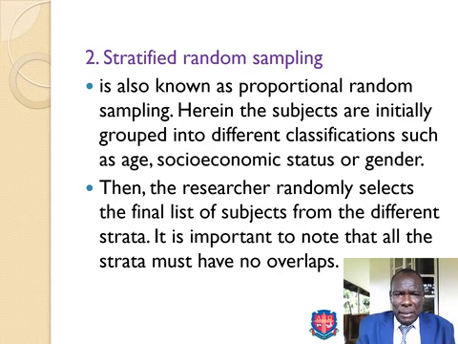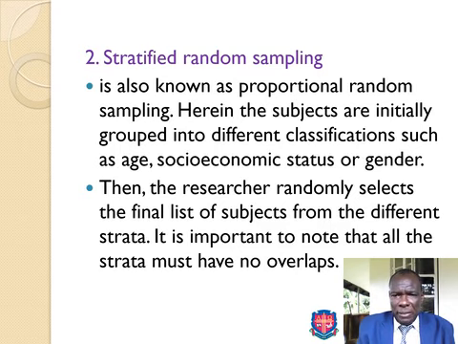The second type of probability sampling is stratified random sampling. This is also known as proportional random sampling. Herein, the subjects are initially grouped into different classifications, such as age, socioeconomic status, or gender. Then the researcher randomly selects the final list of subjects from the different strata.